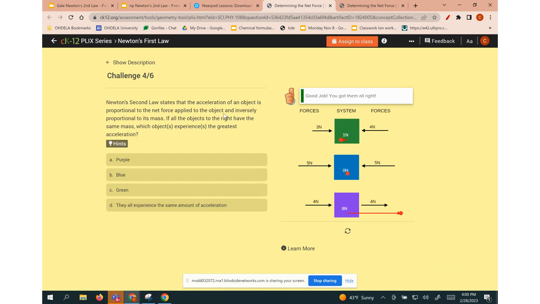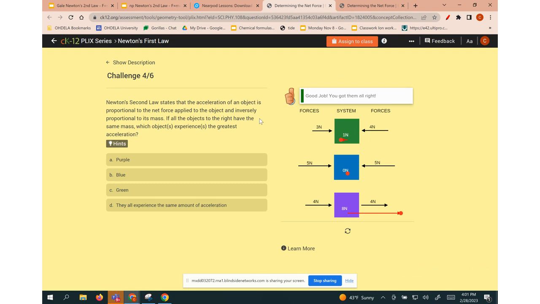So Newton's second law states that the acceleration of an object is proportional to the net force applied on the object, and inversely proportional to the mass. So the more force we put on an object, the more acceleration we'll get. But the smaller the mass, the more we can accelerate it. So that's why it's inversely proportional.